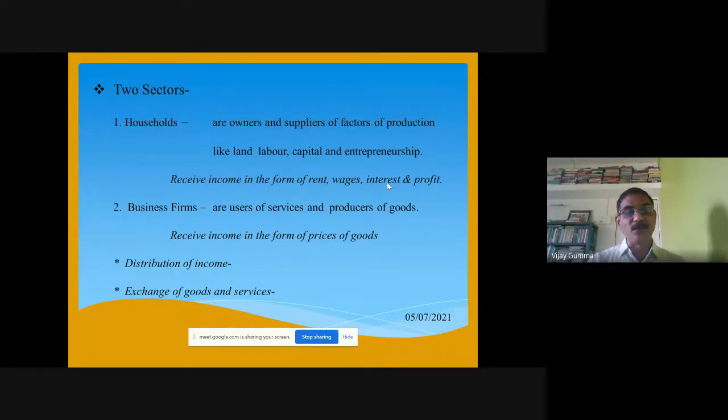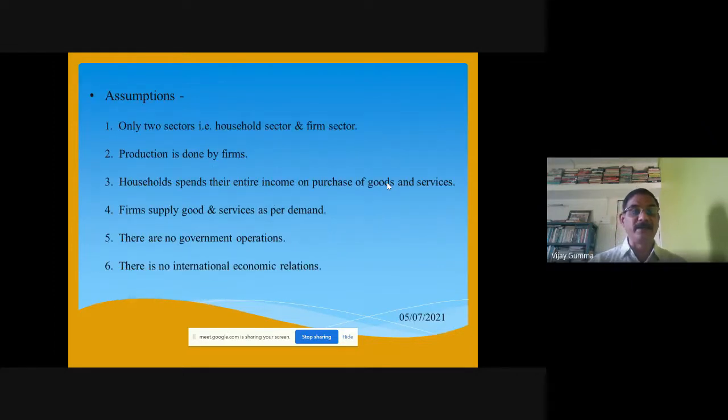The circular flow of income and expenditure explains the process that determines national income and national output. The circular flow of income in a two-sector closed economy is explained with the help of these assumptions.